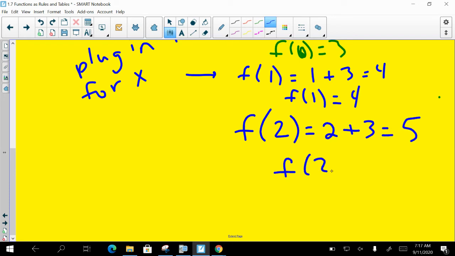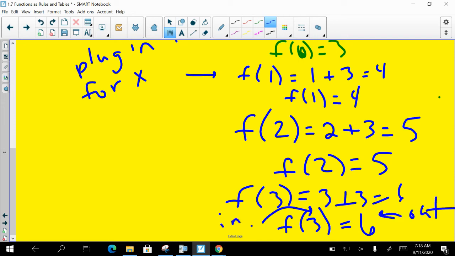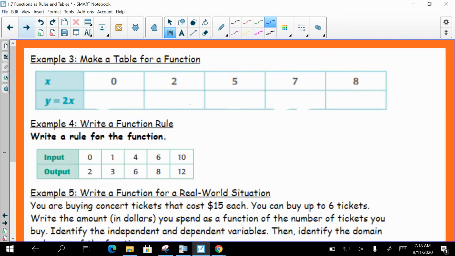So f of 2 is equal to 5. I'll do one more to make the point. F of 3 is 3 plus 3, which is 6. So f of 3, the function when x is 3, is 6. So when the input is 3, the output is 6. That's just important notation to get used to.